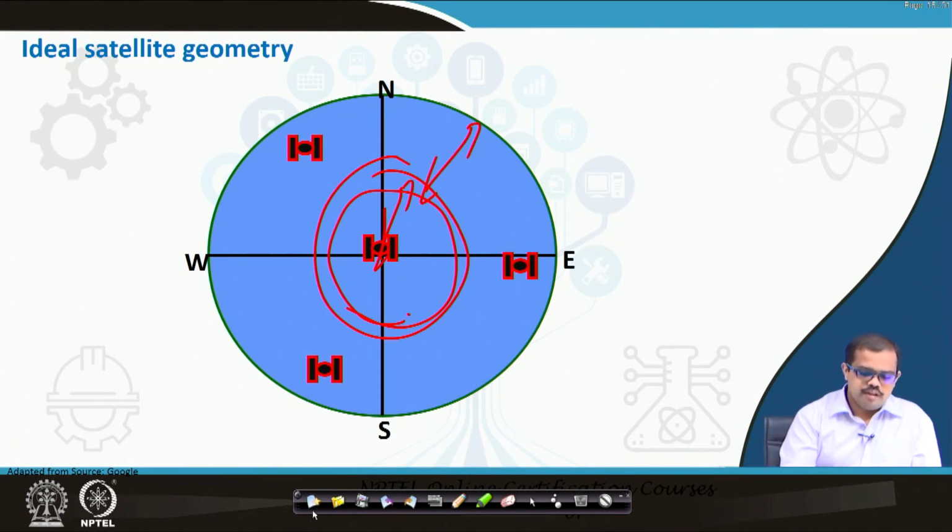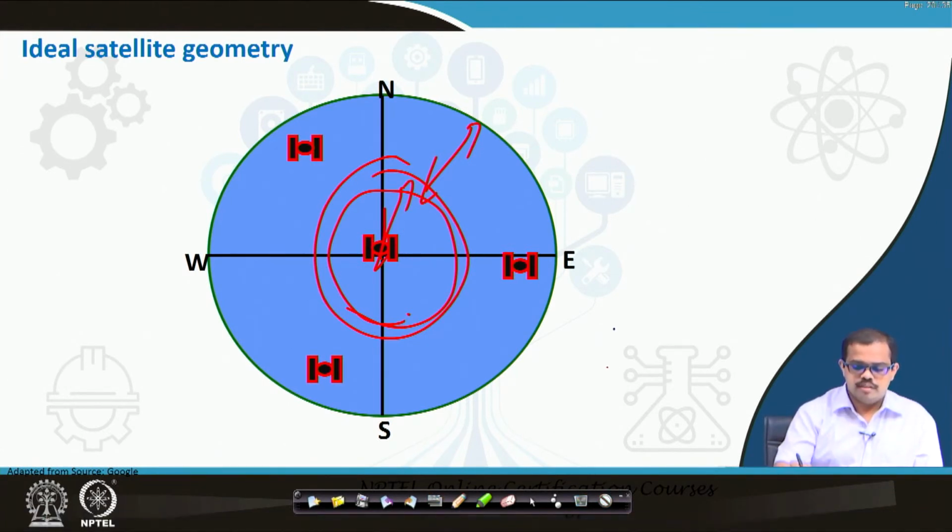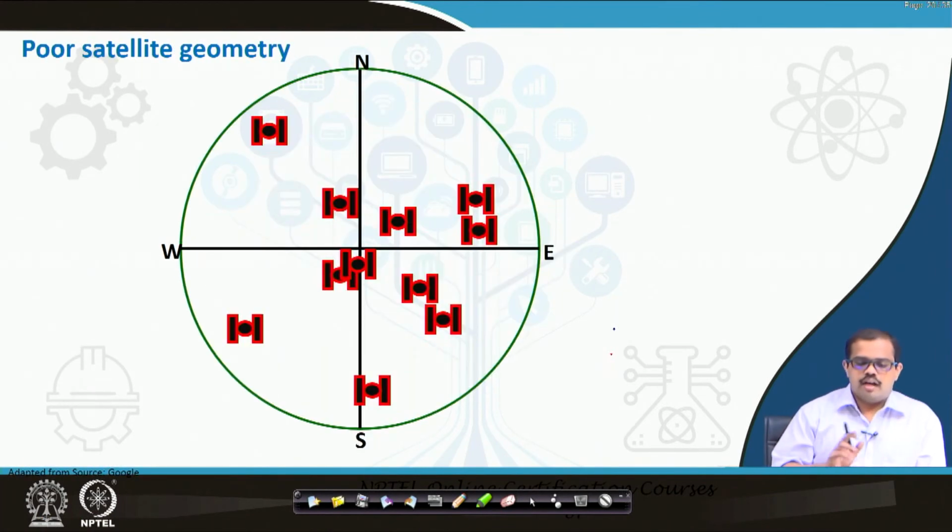That is another very important point when you are looking at the ideal satellite geometry. So if this is the thing that is ideal, when you look at many of your systems, most of them are something like this.